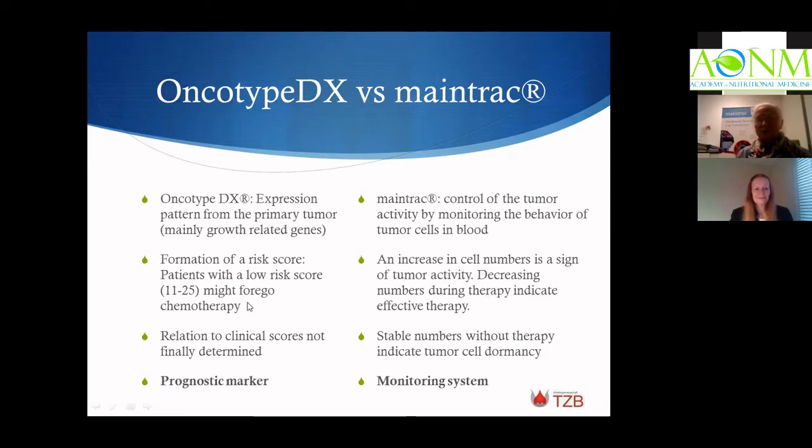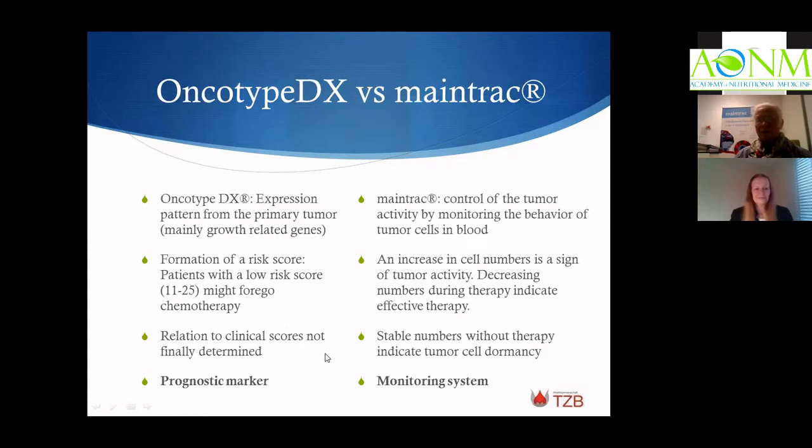So we do not rely on the primary tumor, but on the cells that have left this primary tumor and are present in the blood. A decreasing number of these cells indicates that the therapy has been effective. It's not yet finally determined whether the clinical scores relate to this score.